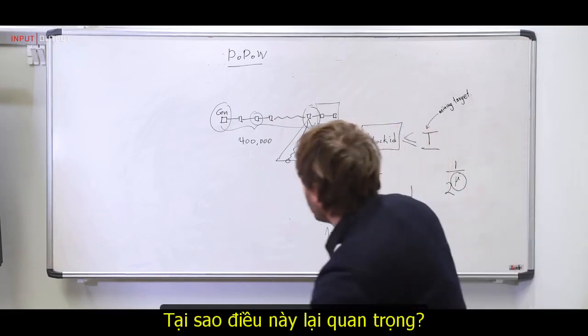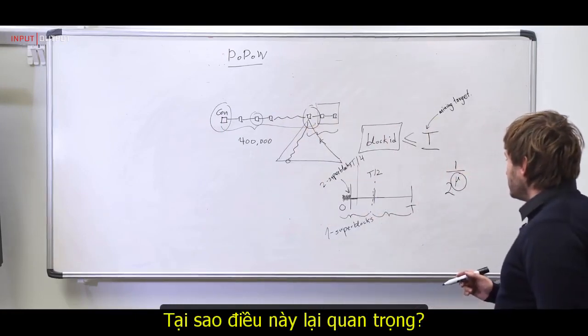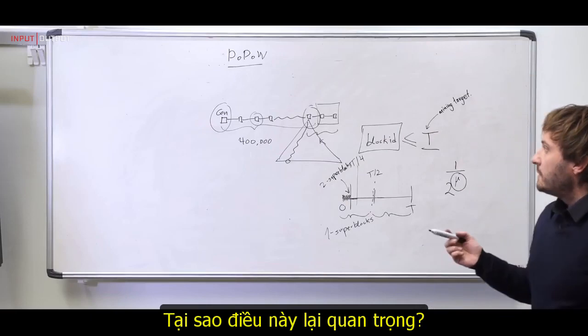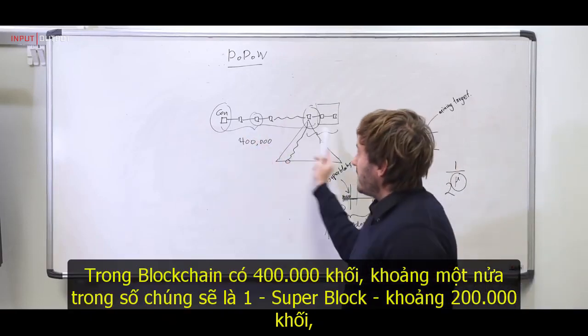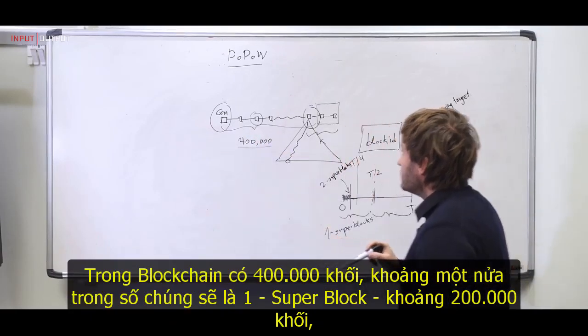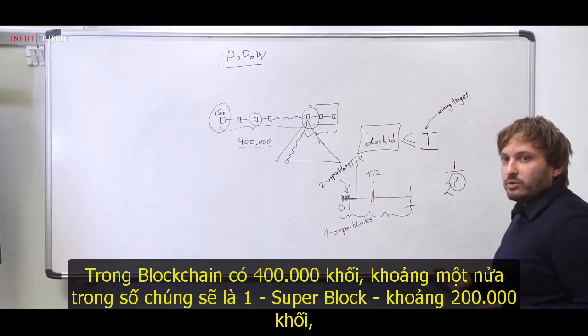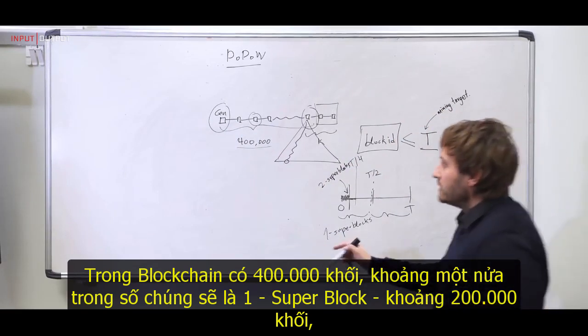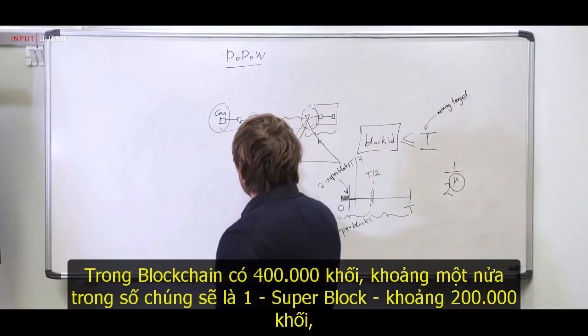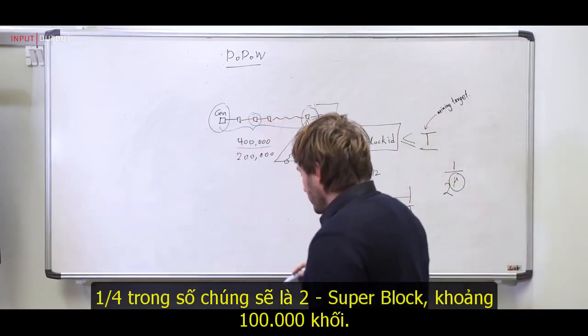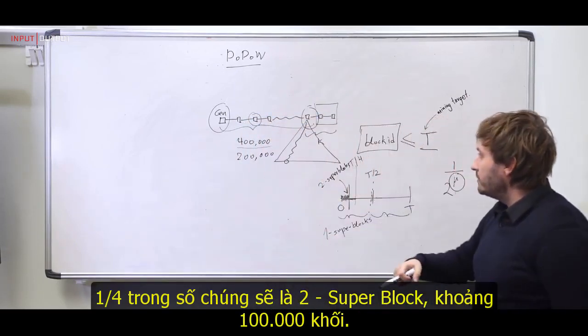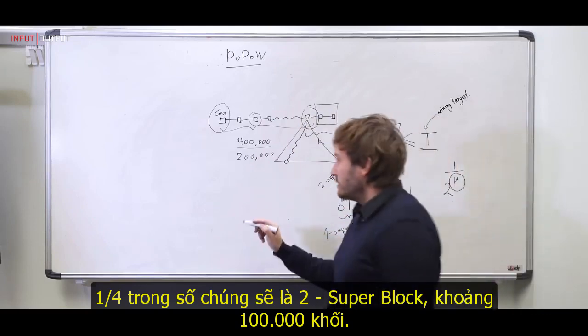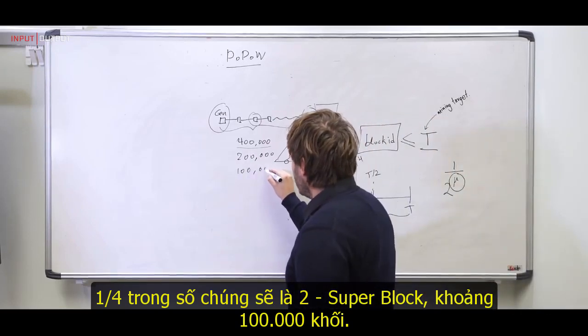Now, why this is important is this. In my blockchain that has 400,000 blocks, about half of them will be 1 superblocks. So that's 200,000 blocks. About a quarter of them will be 2 superblocks. So that's 100,000 of them.